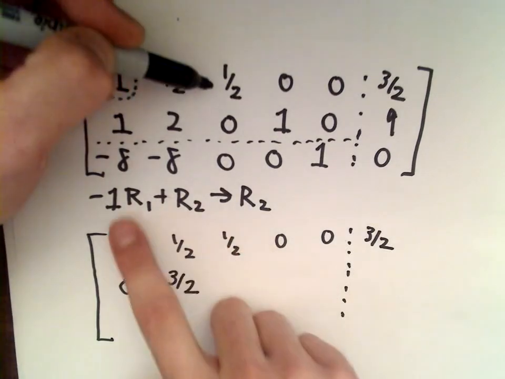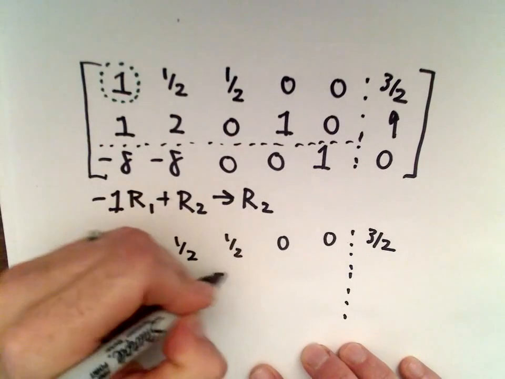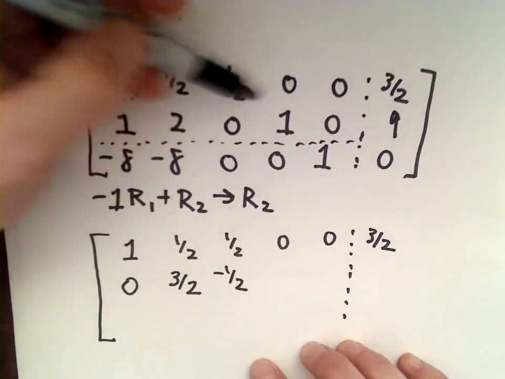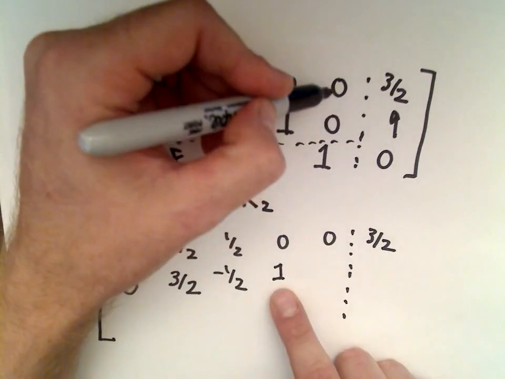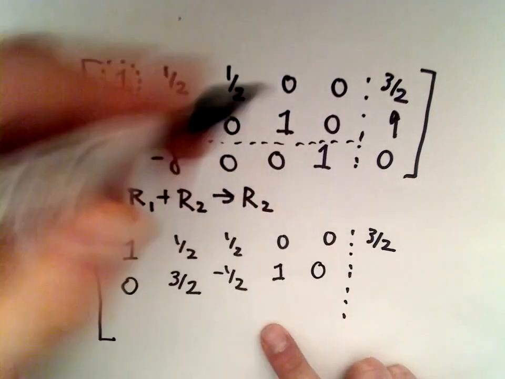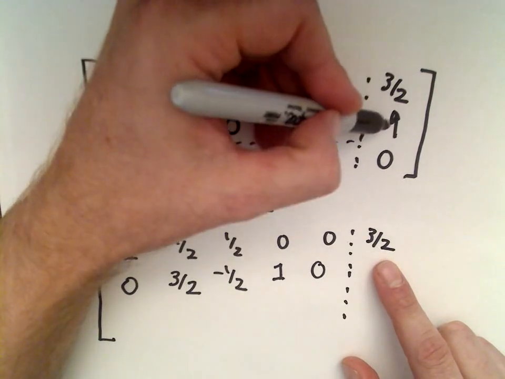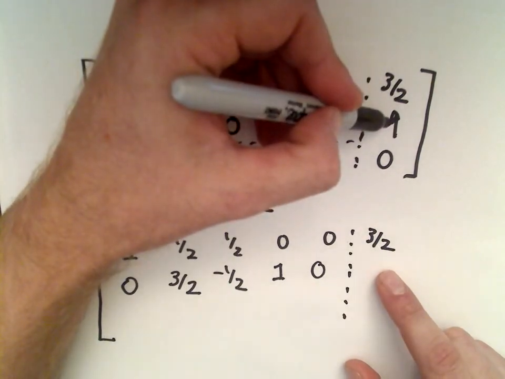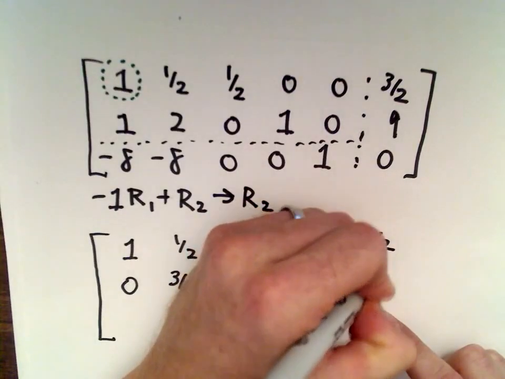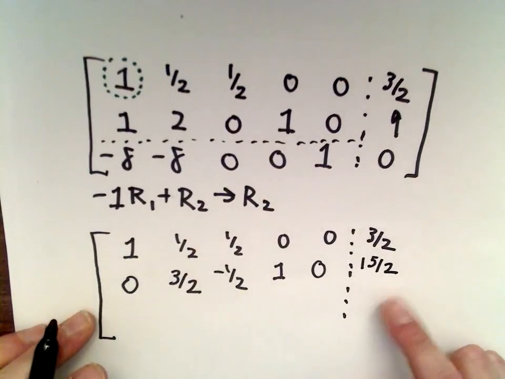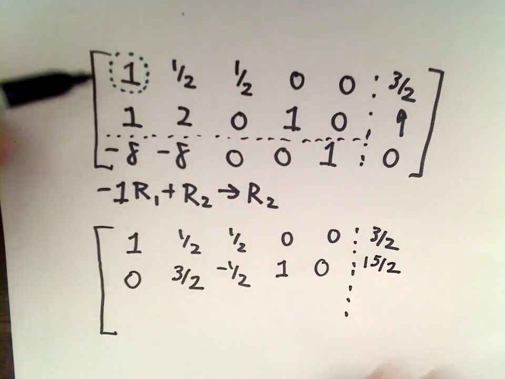So -1 times 1/2 will be -1/2 plus 0 will be -1/2. -1 times 0 plus 1 is 1. -1 times 0 plus 0 is 0. Now we've got -3/2 plus 9/2. 9/2, that's 18 over 2. If we subtract 3 over 2, that's going to give us 15 over 2. Again, maybe take my word for it or check it off to the side.